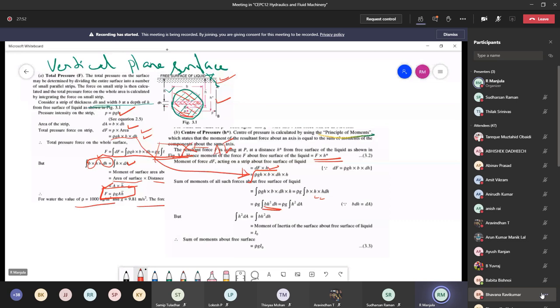Same thing. What is the meaning of this? It is the moment of inertia of the surface about the free surface of the liquid. Moment of inertia is nothing but your I naught, the integral of H square into dA. So the sum of these moments will be equal to rho g into I naught.